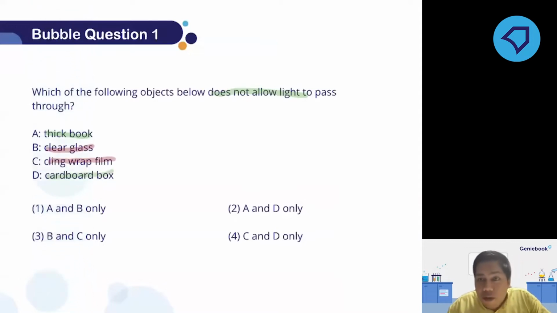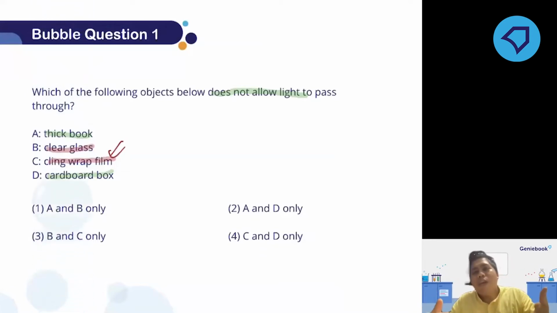Some of you ask me, Mr. Luqman, what is a cling wrap film? Can anyone help your friend here? Does any one of you know? Yes, very good. It is used to wrap food.